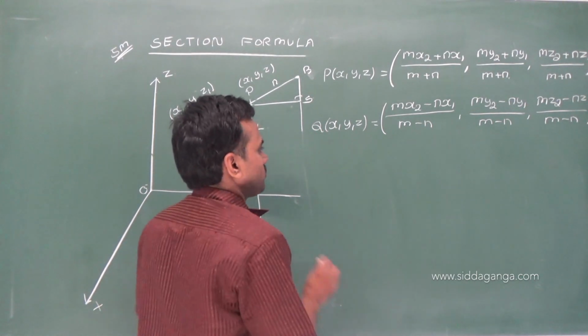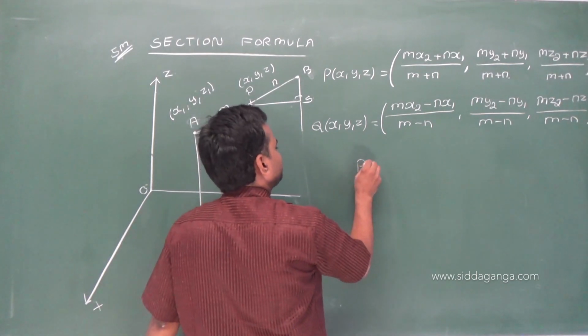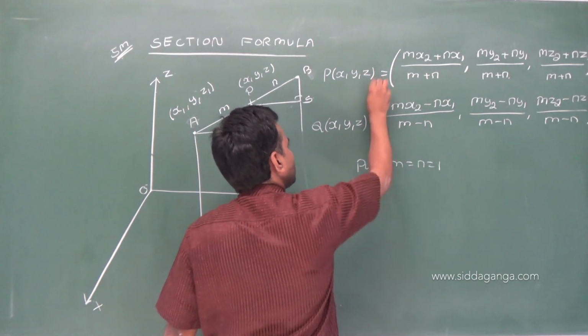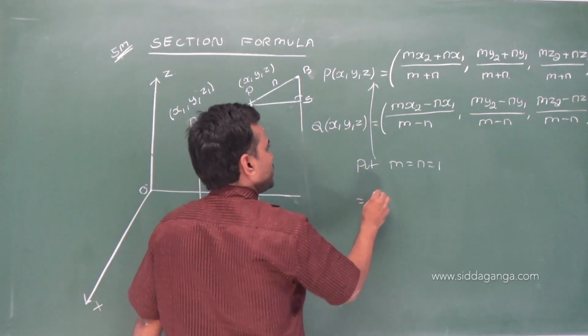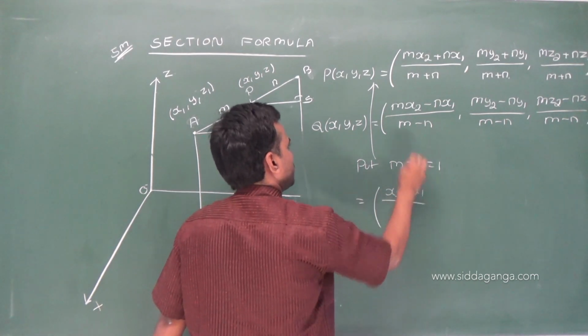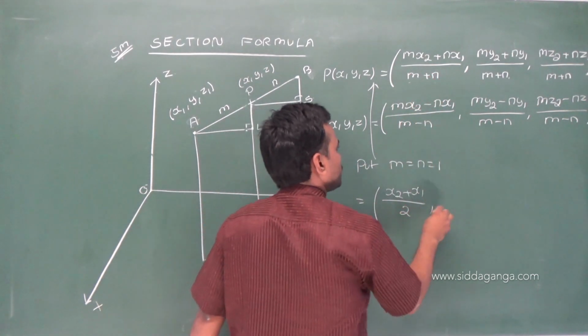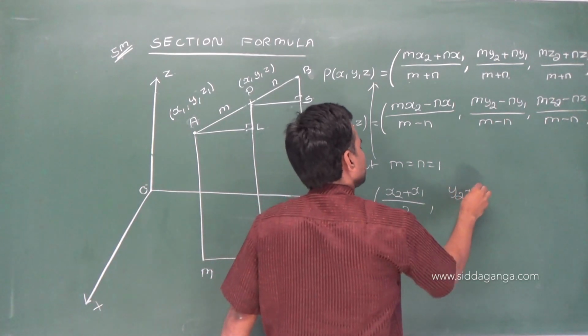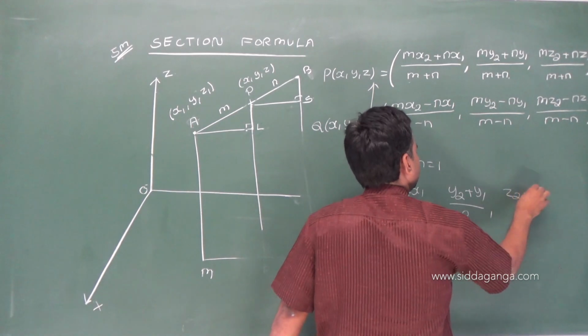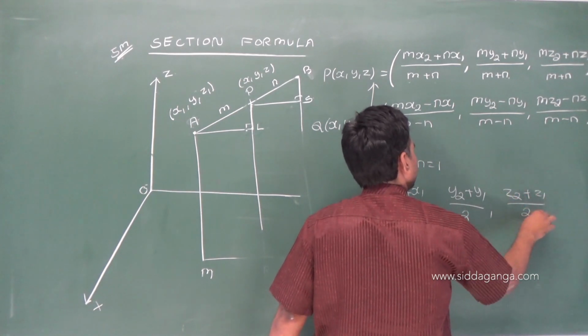One more formula we have to derive. So put m is equal to n is equal to 1 in internal division. So what we got? x2 plus x1 divided by 1 plus 1, which is 2. y2 plus y1 divided by 1 plus 1, which is 2. z2 plus z1 divided by 1 plus 1, which is 2.